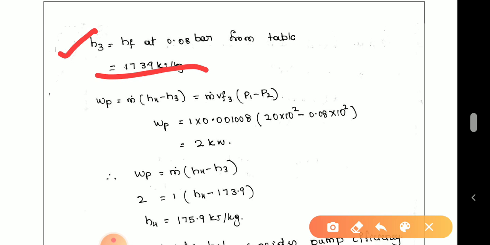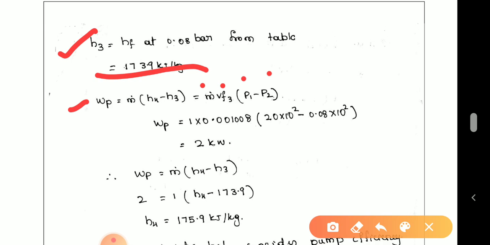So now we need to calculate the enthalpy H4 at state 4. To calculate that, we can write the work done by the pump is equal to mass into H4 minus H3. That is also equal to mass into specific volume of the fluid at state 3 into the pressure difference P1 minus P2.